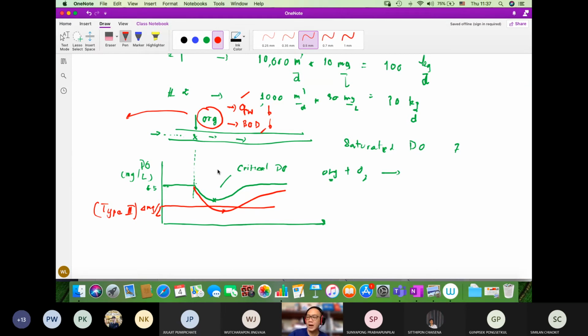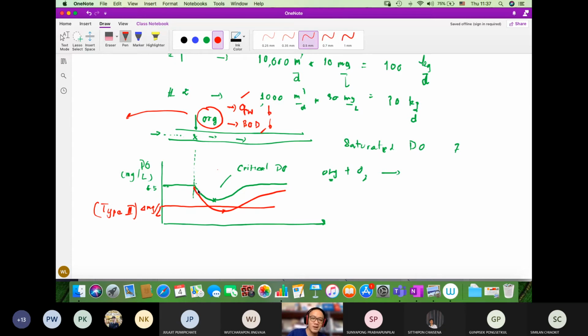If we discharge more, what will happen to the dissolved oxygen? It will get lower, and then probably the oxygen could actually finish.